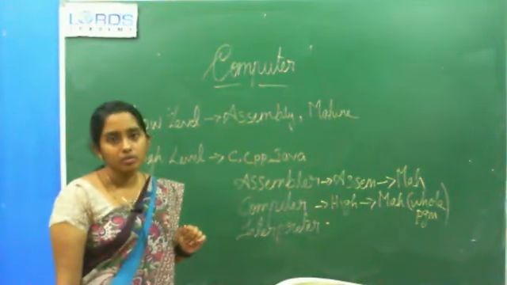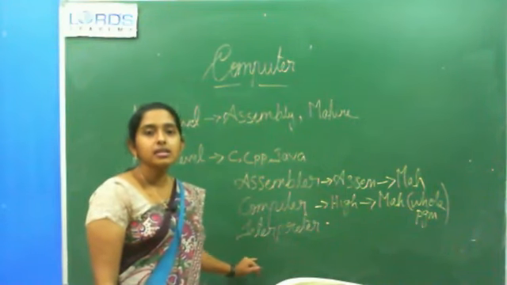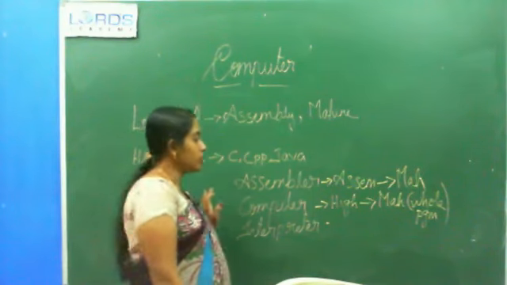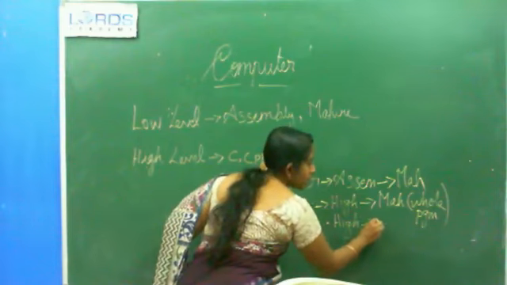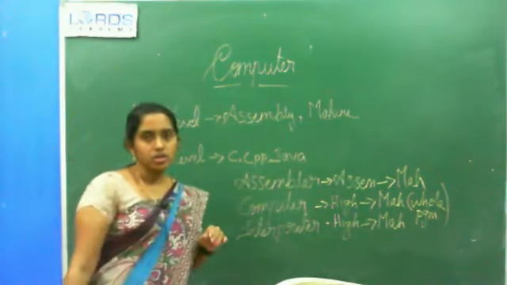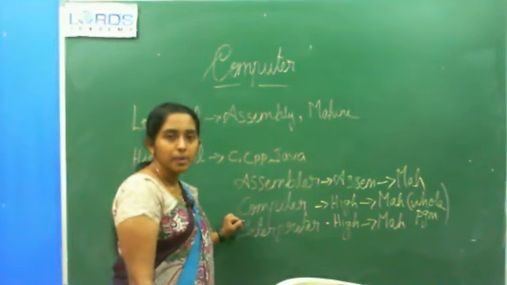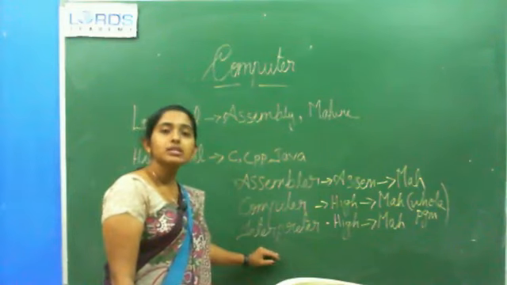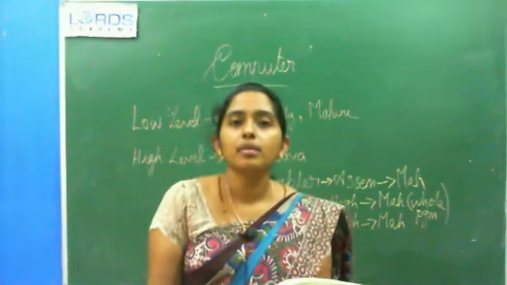And the last translator is interpreter. The interpreter also can be used to convert high level languages into machine language. But one difference from the compiler is that the interpreter will translate the program line by line.